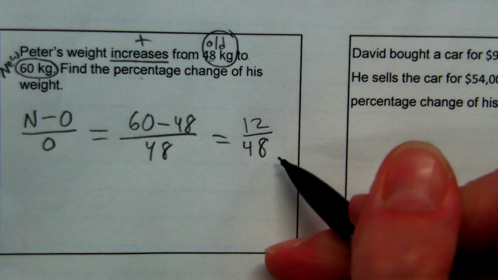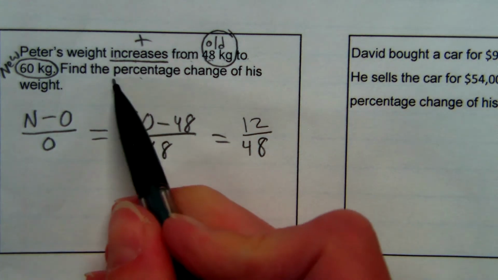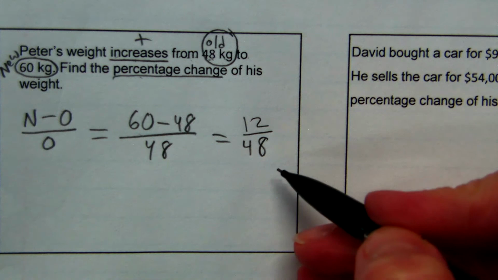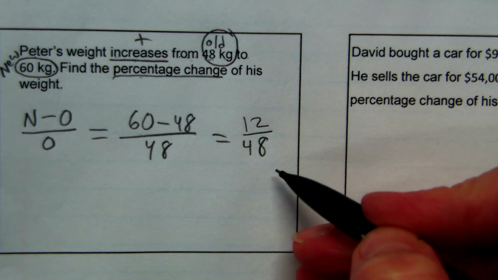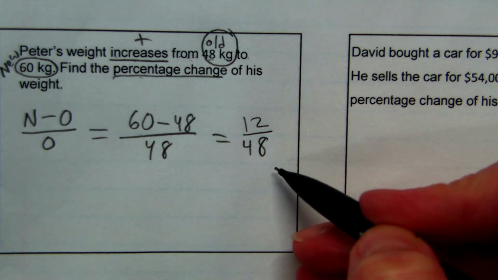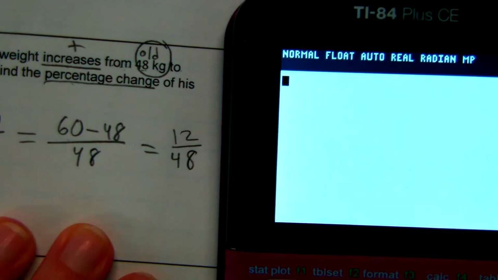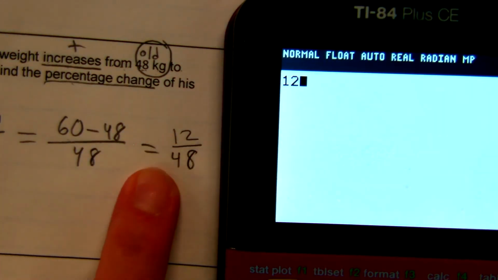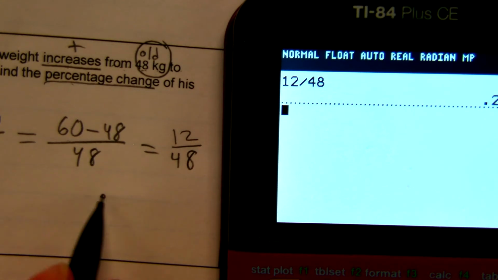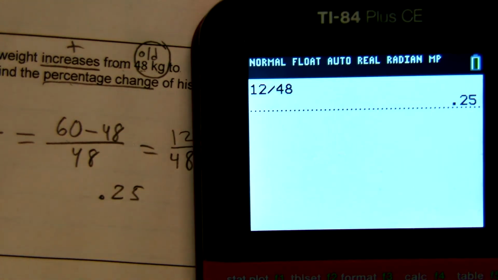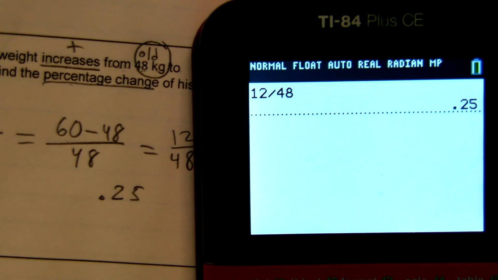Now we could reduce that fraction, but because we're trying to do percent, we're going to do the easiest way to change fractions to percents, and that is to divide. We used to use long division, but this year we're going to use the calculator to make this a little faster. So we're just going to type in 12 divided by 48, and it gives me 0.25. There it is. So you get 0.25.